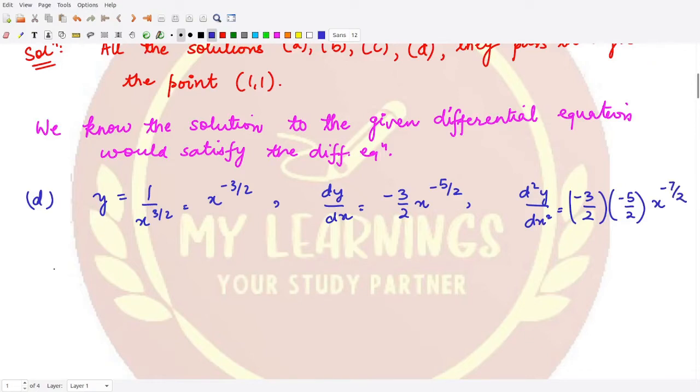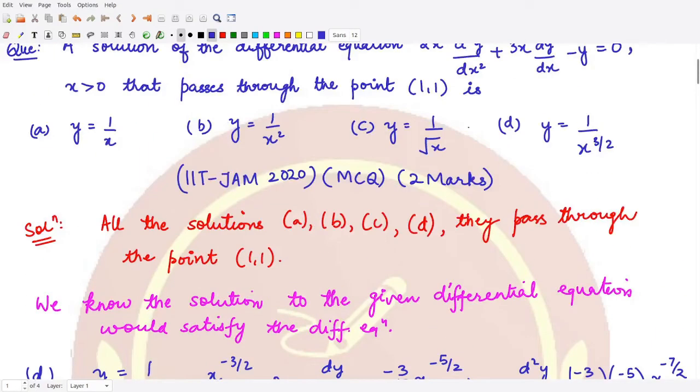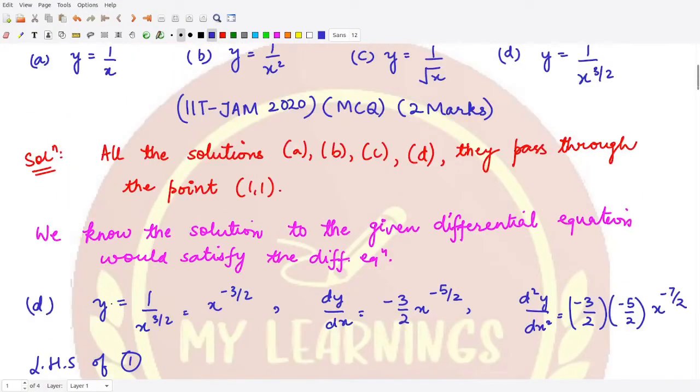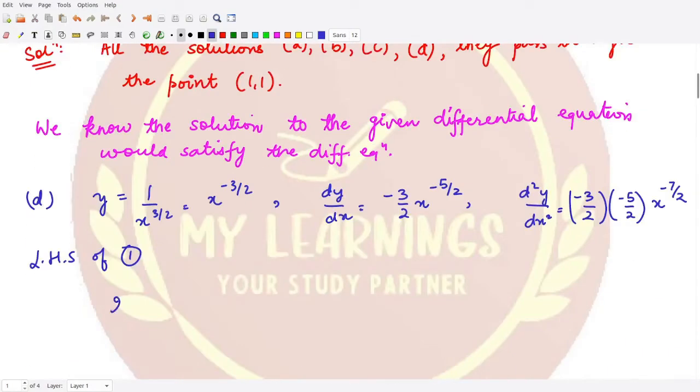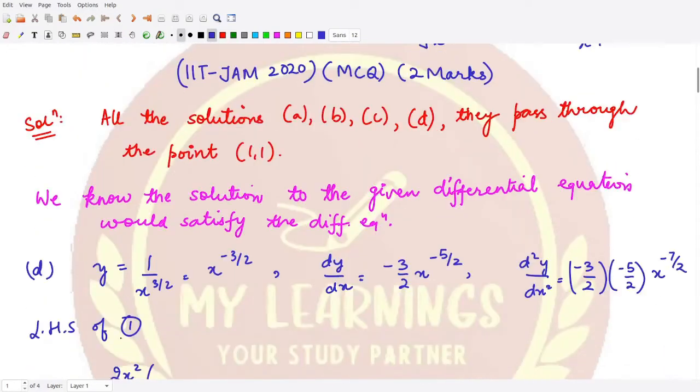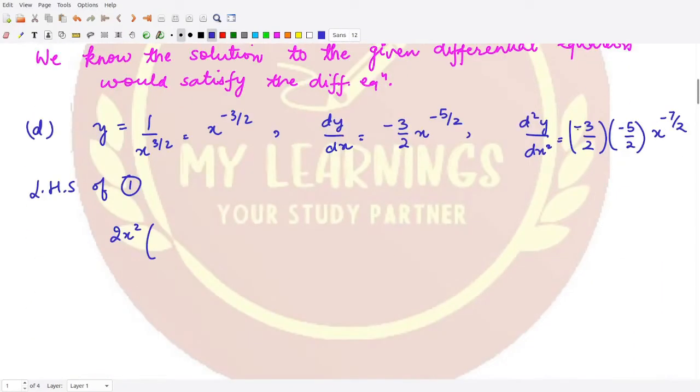Now you have all the values, so let's say this is the given differential equation. Let's mark this as equation 1. So let's take the left hand side of equation 1, so that would be 2x square times the value of the double derivative, which is plus 3 into 5, that is 15, divided by 4 into x to the power minus 7 by 2.